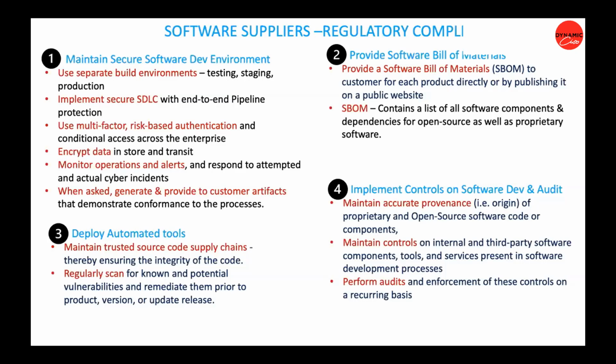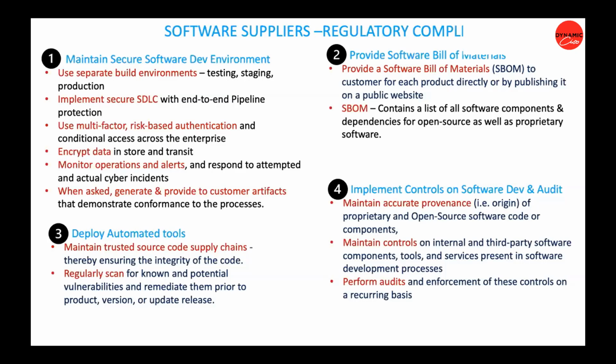Second is that you need to have audit and controls. Now, nobody really knows, including suppliers, and it's incredible, where the software has come from. They're all in open source. You just pick that and plug it in. It might come from an attacker. It might come from a good person. So provenance means the origin of that open source and proprietary software.